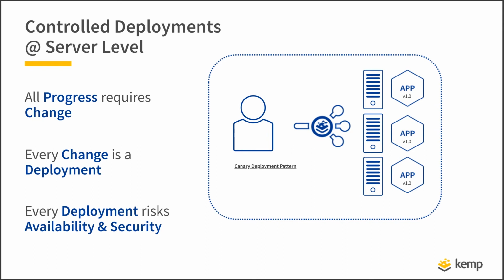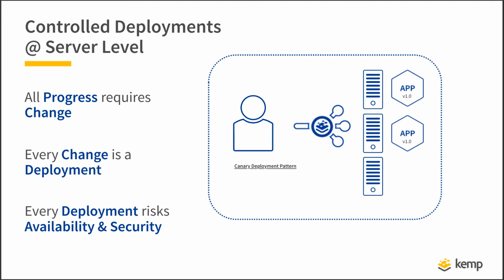If we look at a canary deployment pattern, it's a little bit different, and this is really about partial upgrades within a server pool. So blue-green's very binary. We have both old and new server pools. With canary, we do it on a per-server basis, and we start to split traffic across both old and new application versions simultaneously.